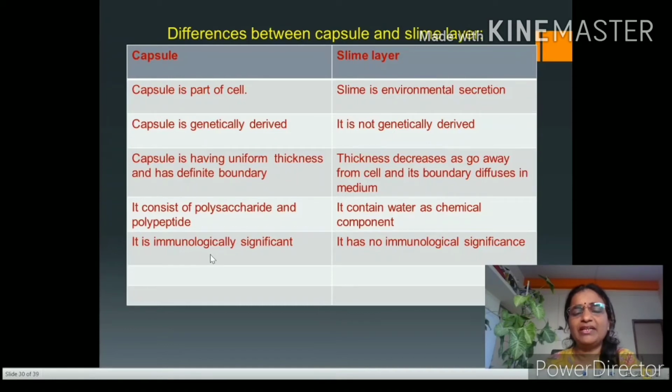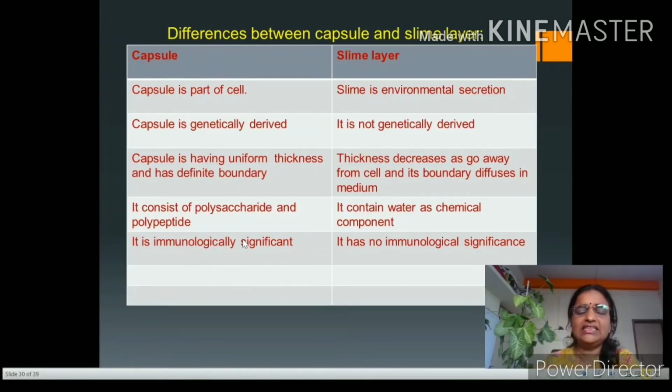It protects the pathogen from WBCs, which are our defense barrier. So the bacteria can easily spread in the host body and cause disease. When a capsule is present, the bacteria are said to be pathogenic or virulent. It can easily cause disease, and that is why it is immunologically significant. So these are the few differences between capsule and slime layer.